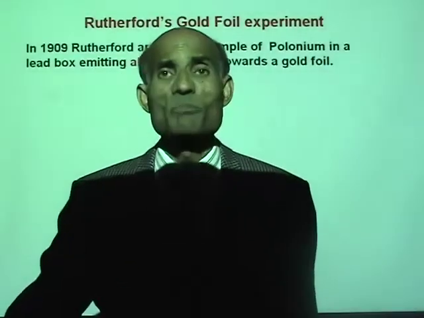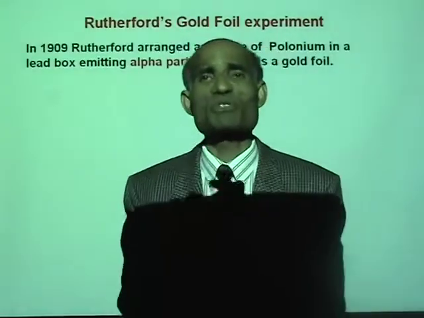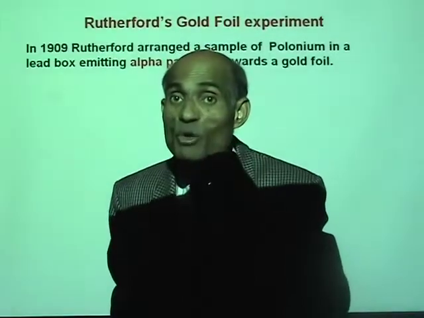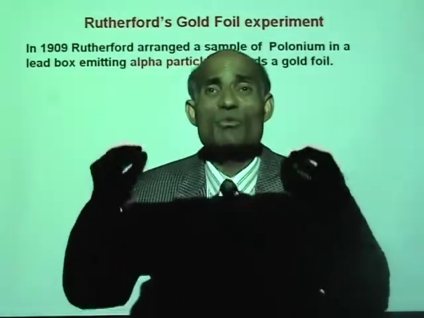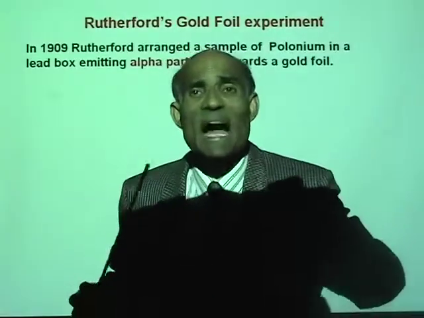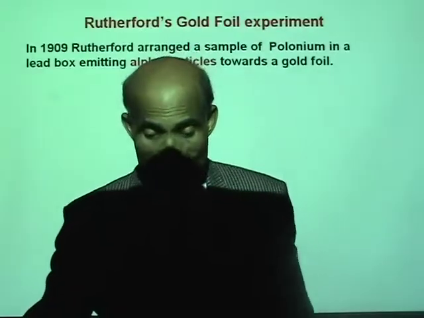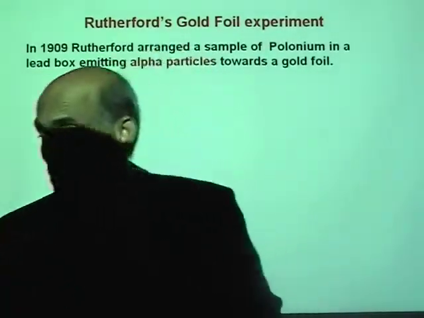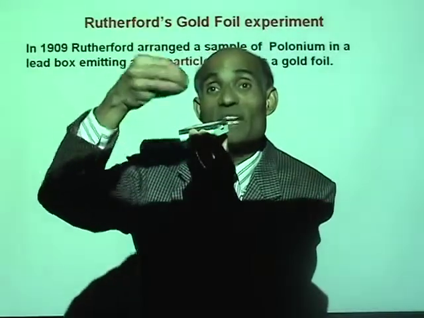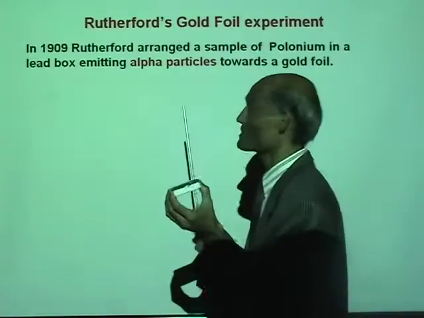You see, before the advent of the study of the structure of atom, it was known that some materials emit deadly radiations. Polonium is a radioactive material, and it was known that if you have a sample of polonium in a box like this, deadly radiations like alpha particles.